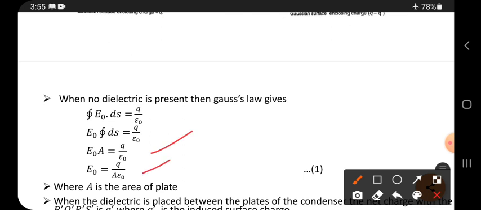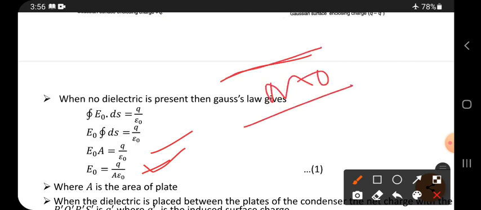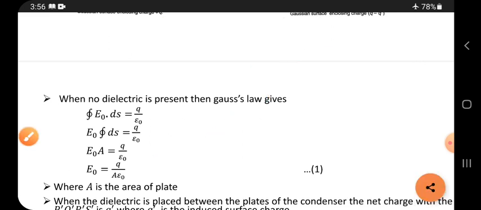From this, E naught is the electric field q by epsilon naught. It is derived from Gauss law. When two plates are parallel to each other and there is no dielectric material, this is the formula: E naught is equal to q by A epsilon naught.